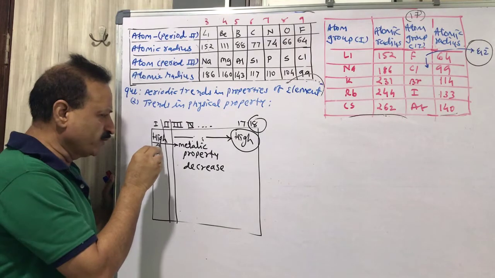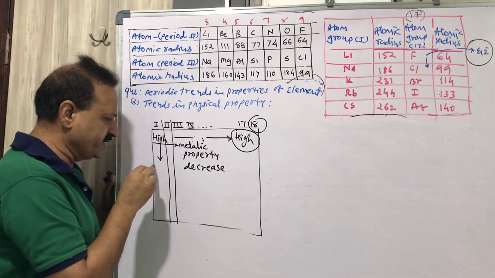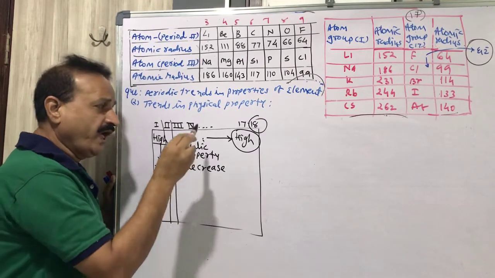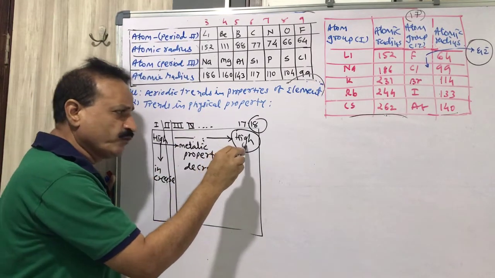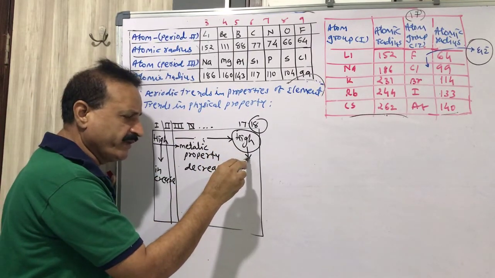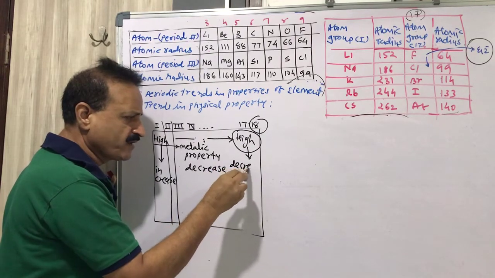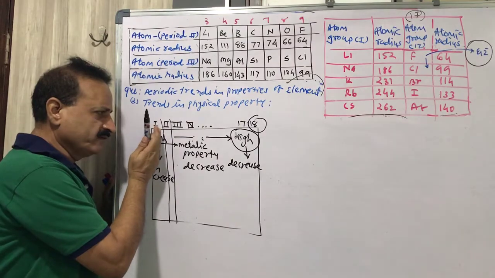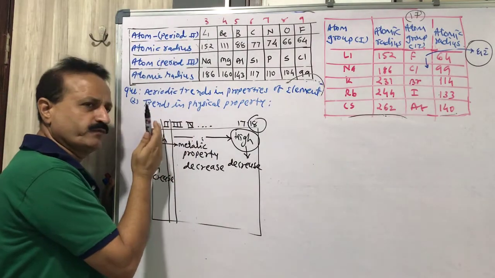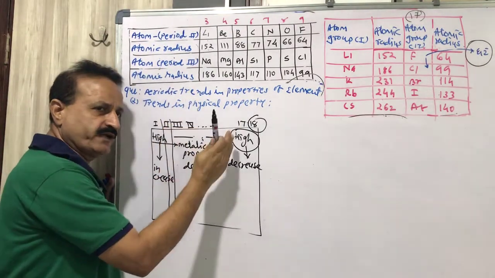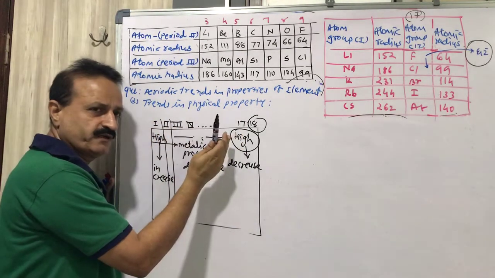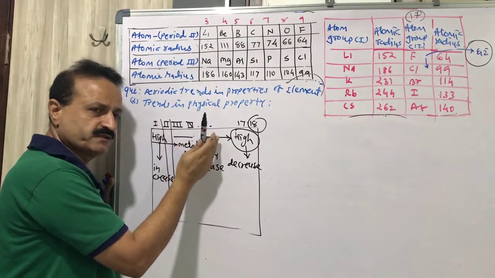As we go down the group, chemical reactivity increases. But as we go down in group number 17, chemical reactivity decreases. So first group high, 17 group high. In the middle, as we go left to right, chemical reactivity decreases.